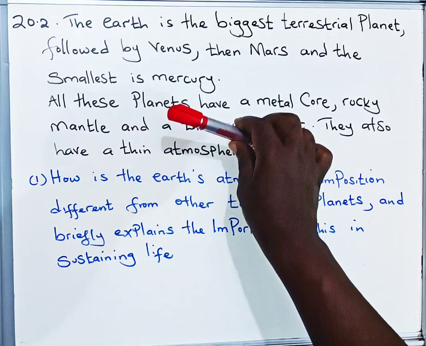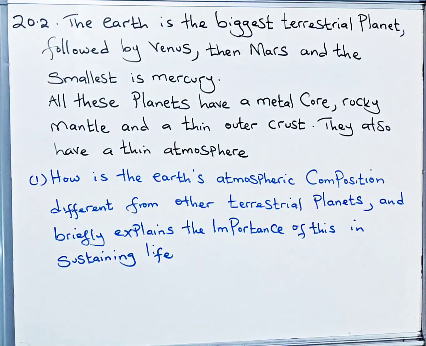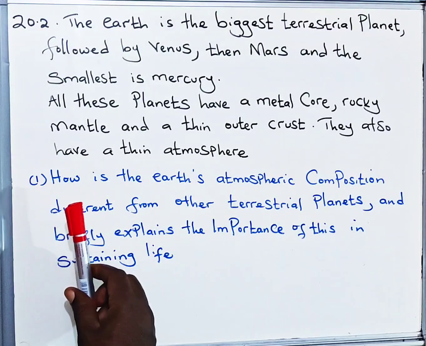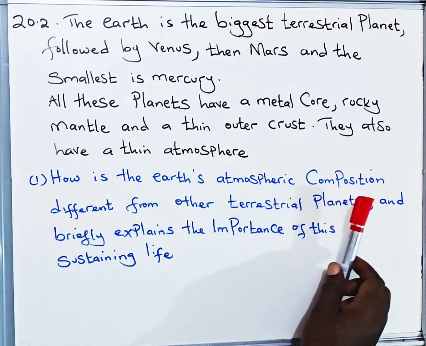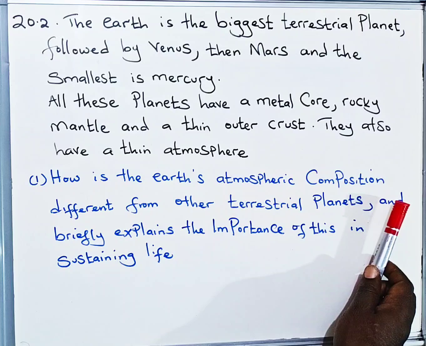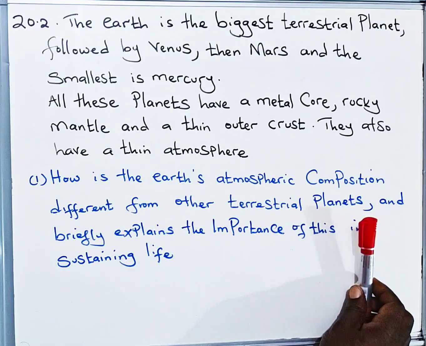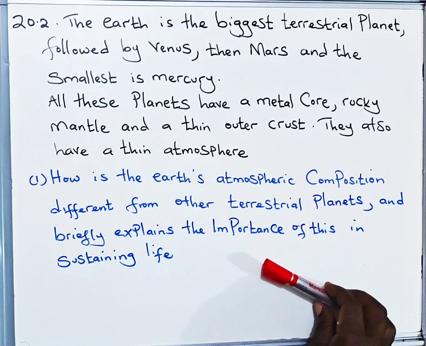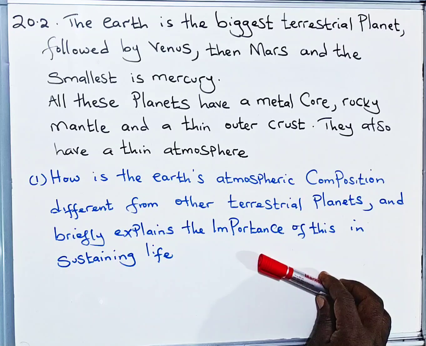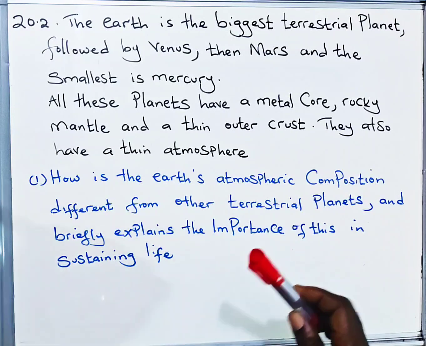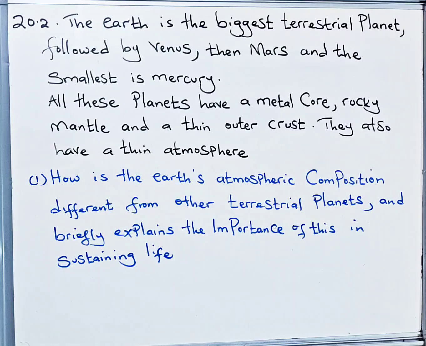These are the facts about the terrestrial planets. Then the question says, how is the Earth's atmospheric composition different from other terrestrial planets? And briefly explain the importance of this in sustaining life. The atmosphere, the area above the Earth's surface, how is it different in terms of composition from the rest of the terrestrial planets?